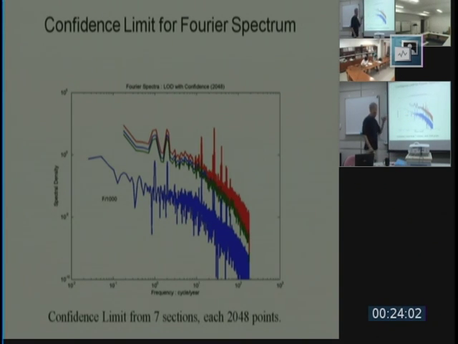It's sharper, but you don't know. And especially when you look at this, it gives you lots of information, but exactly, is this significant? Is that significant? You don't know. But if you get here, then you are relatively comfortable about the value that you got. So this is the confidence limit in the Fourier spectrum.